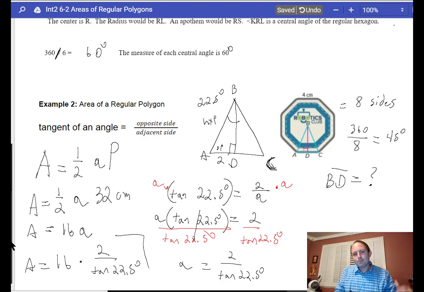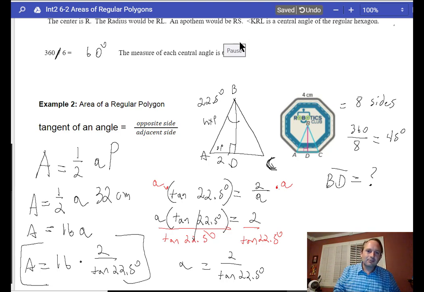And at this point, that's not the answer. At this point, I'd be like, all right, can we do anything? No, you're going to have to use your calculator and do the tangent of 22.5 degrees and figure out what that is. After doing that, and all the multiplication, we get the area is around 77.25 centimeters cubed.